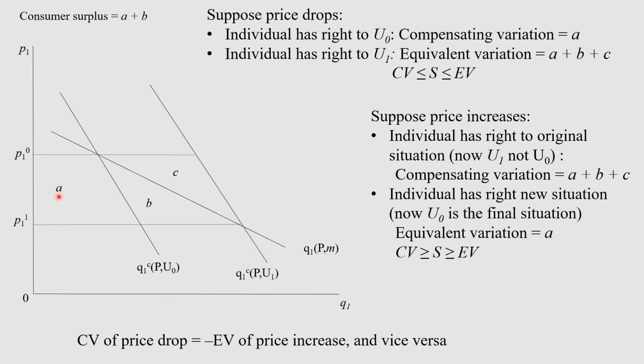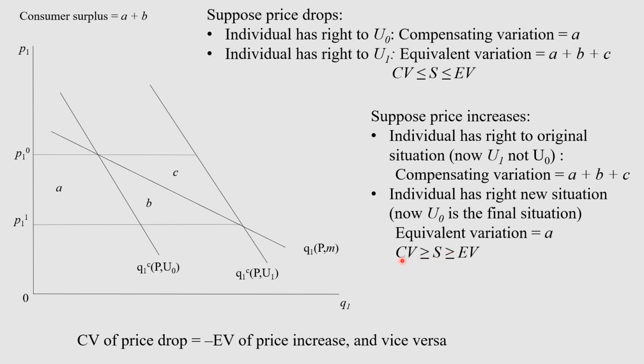So the compensating variation is A plus B plus C. If the individual has the right only to the new situation, so now U0 becomes our final situation, this is the Q1 compensated demand function as a function of U0. Then the equivalent variation in this case is only A.